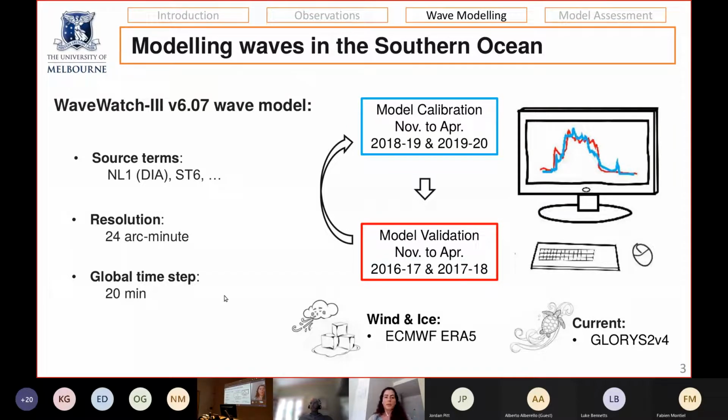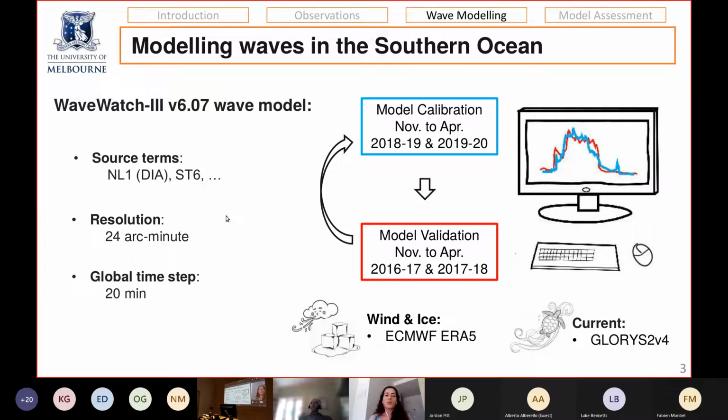The main physical processes in deep water in the Southern Ocean are the nonlinear wave-wave interaction, which we have modeled with the NL1 source term, based on the discrete interaction approximation, and the other main physical phenomena, atmosphere-wave interaction and wave-ocean interaction, which we have modeled with the ST6 source term.